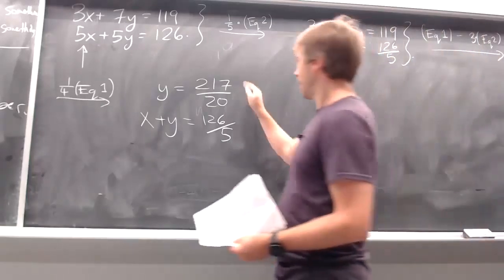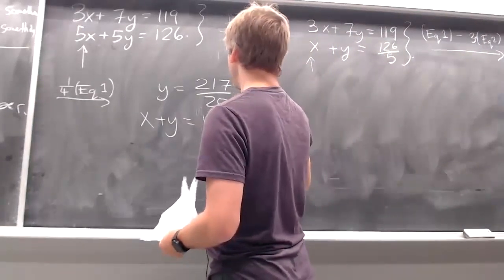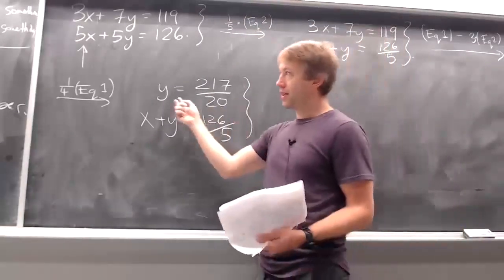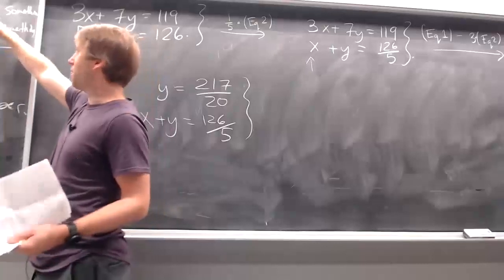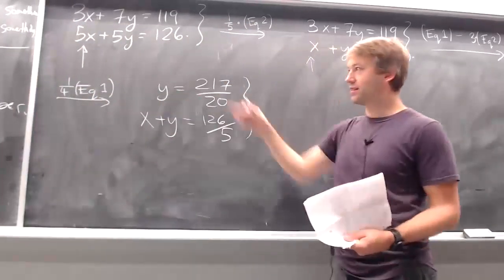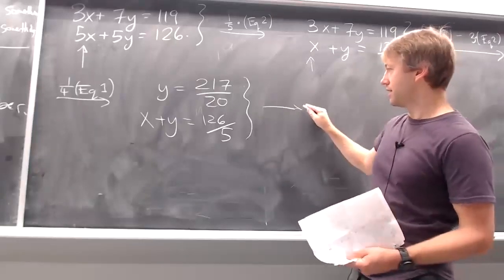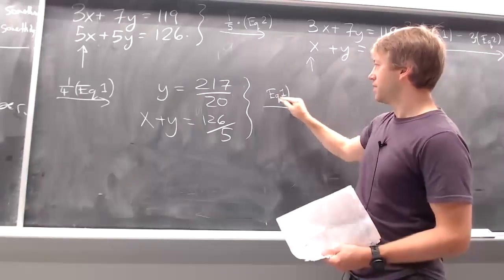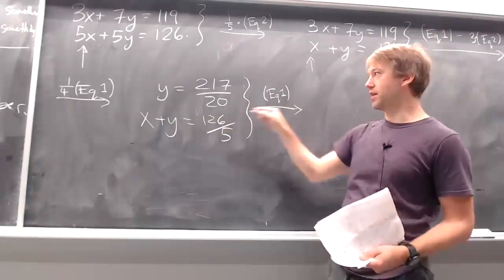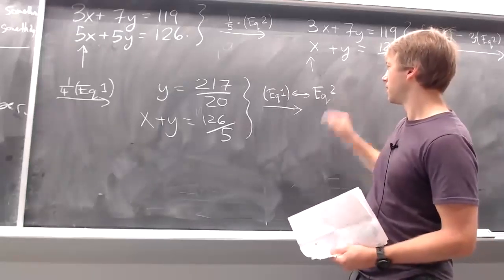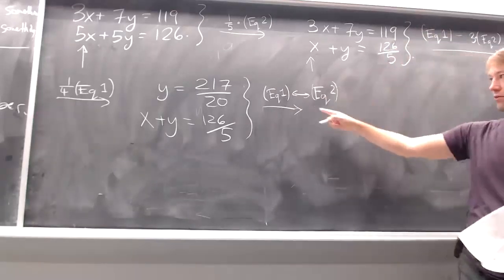Anyway, just to finish this example, for whatever reason, I want to do x equals something and then y equals something. So I want to switch these. It's not super important to do that, but let's do it anyway. So I can switch equations 1 and 2, which I'll write like this.